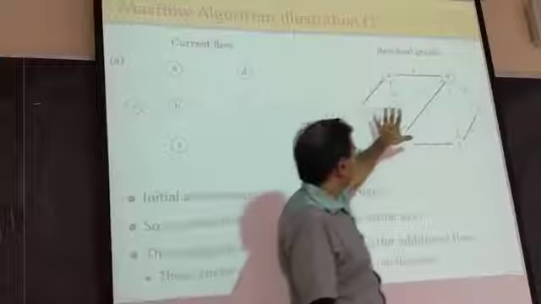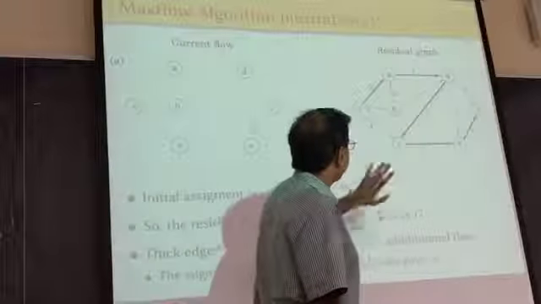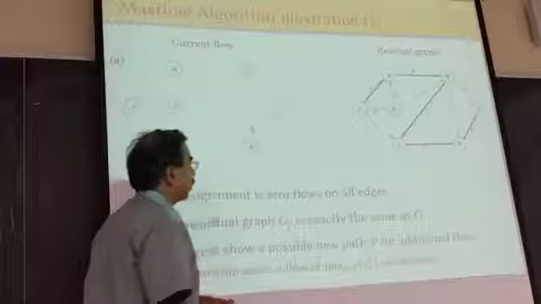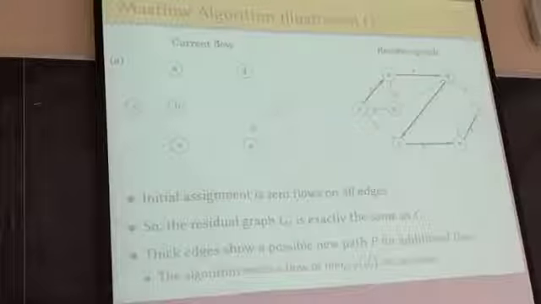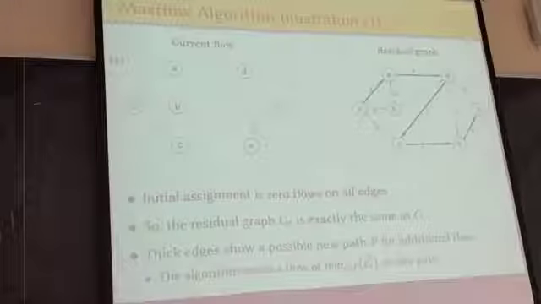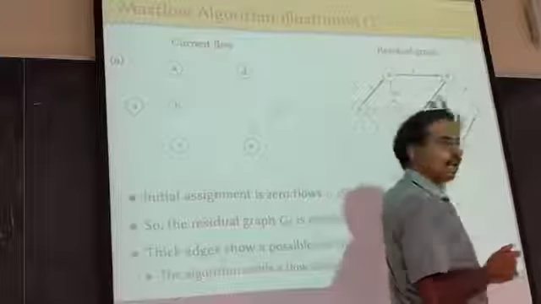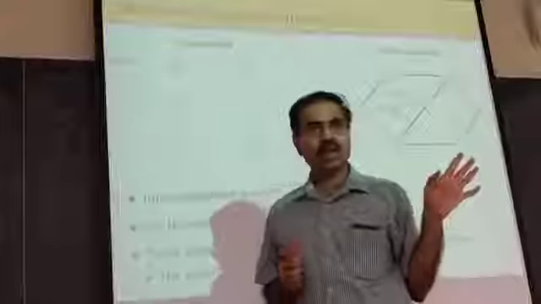Your residual graph is exactly the same as your original graph. Now you're going to go through one step of this algorithm, which involves finding one path from S to T and assigning a flow to it.